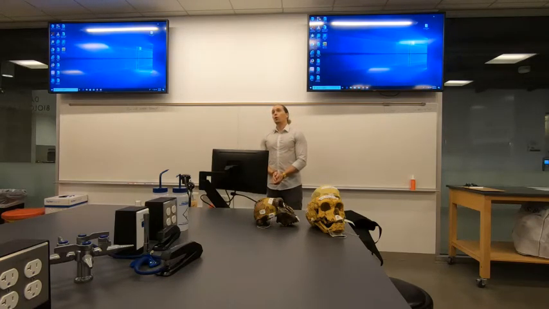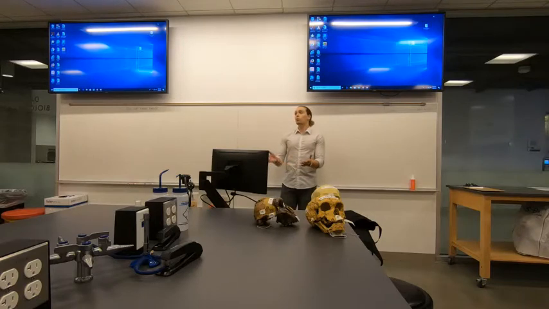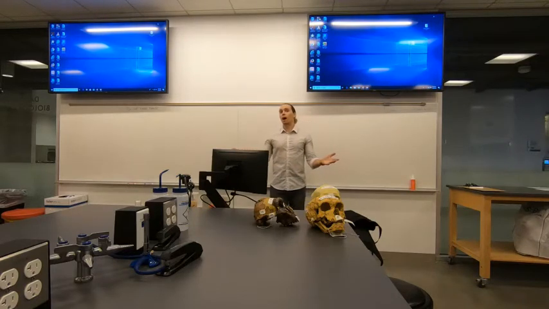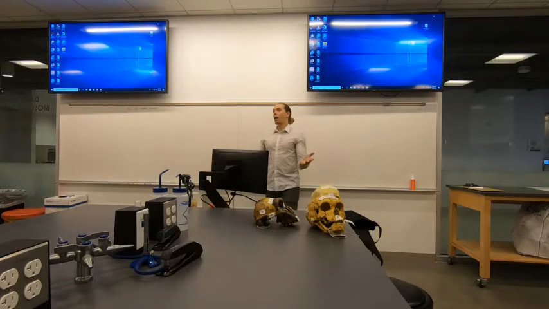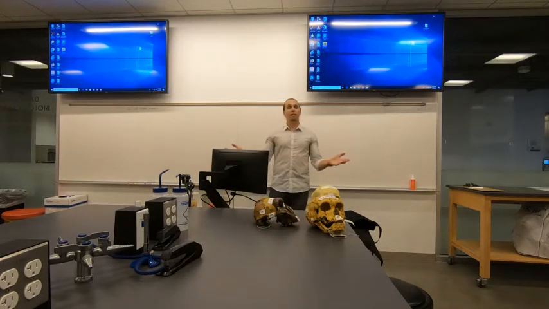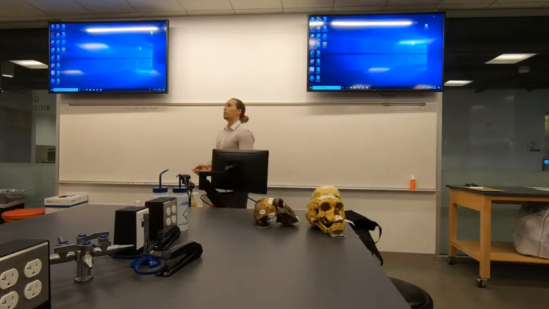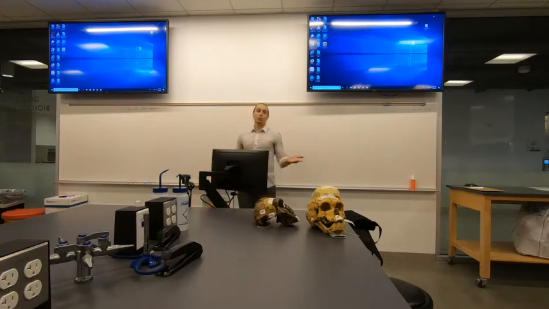Like, who can tell me what phylum the barnacles are in? Nobody? Arthropods, yes. How about mussels? They are mollusks, yes. So those are the kind of questions I might ask.